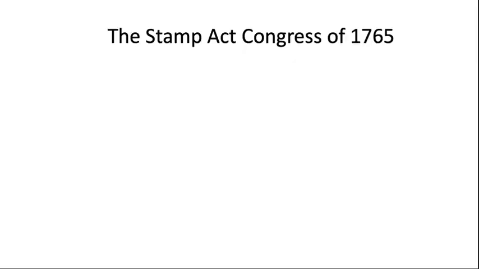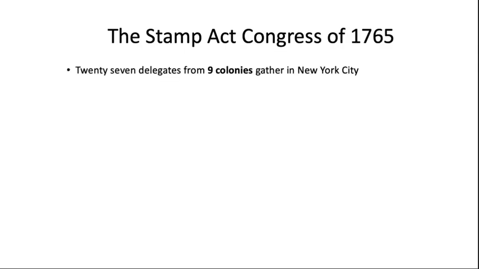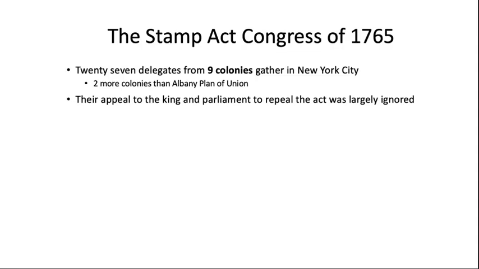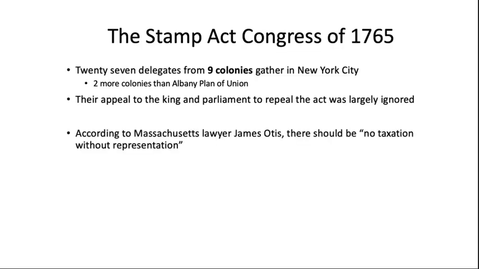By 1765, you have the Stamp Act Congress, which is in response to the Stamp Act, and 27 people from 9 of the colonies get together. So we've gone from 7 of 13 to 9 of 13. This is a good sign. They appeal to the king and parliament to repeal the act, which is basically ignored. They don't really do anything about it.